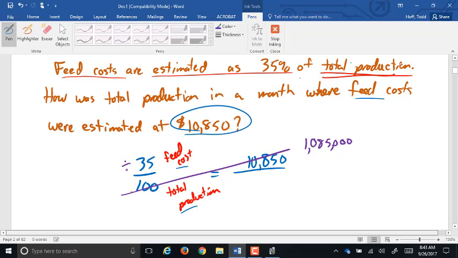Divided by 35 is going to give us, somebody help me out. Is that 31,000? So $31,000. Any questions?